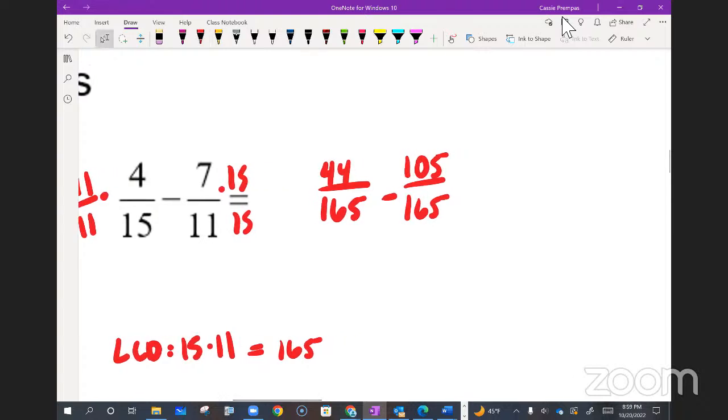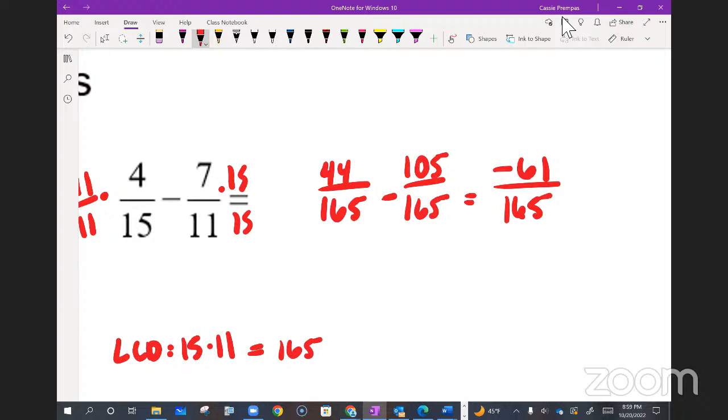And hopefully you remember with subtracting, you also need that common denominator, but once you have it, you keep it, and then you subtract the numerators. So 44 minus 105 should give us negative 61 over 165. And remember, the last thing that we would check is, can this fraction be reduced?